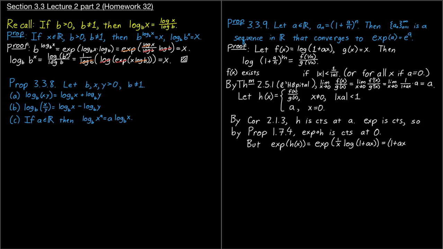It's just 1 plus ax to the 1 over x. And now the sequence 1 over n converges to 0.